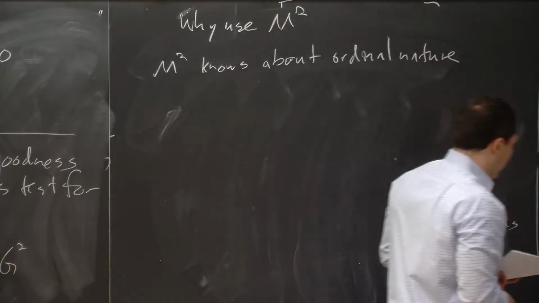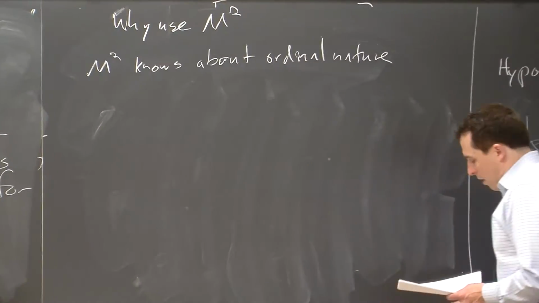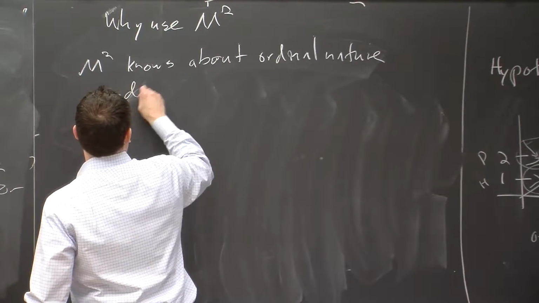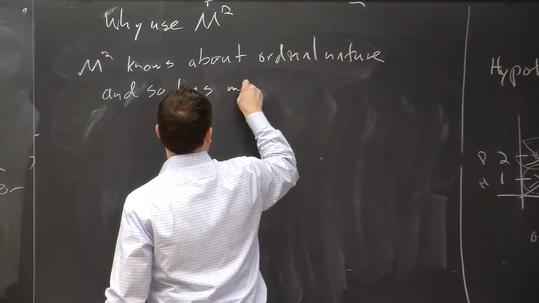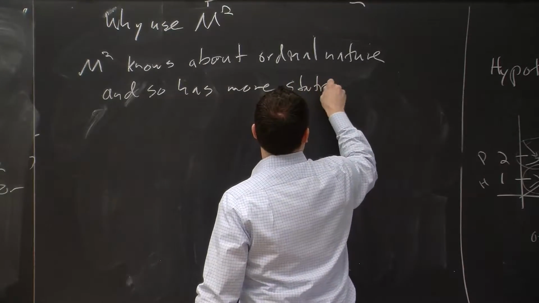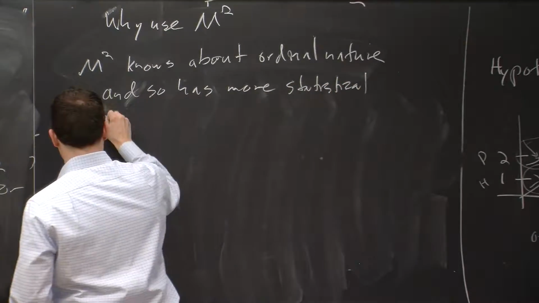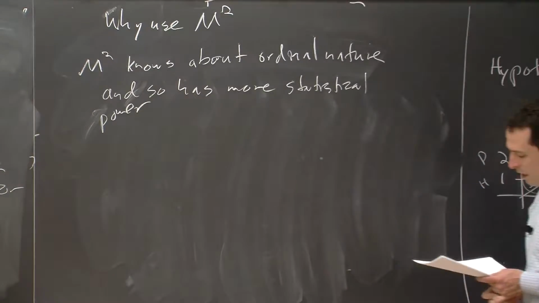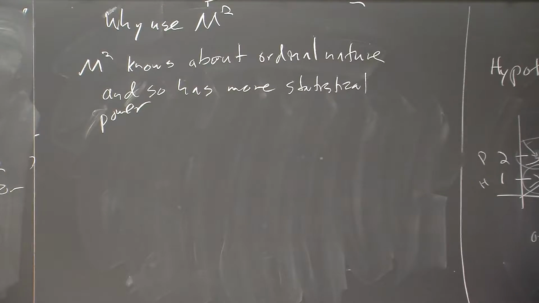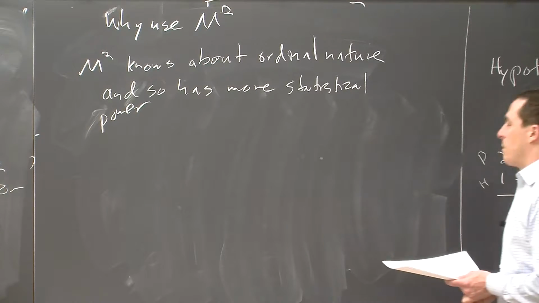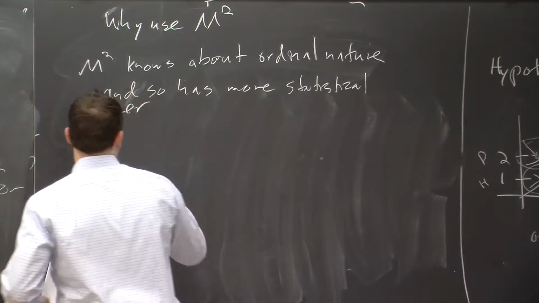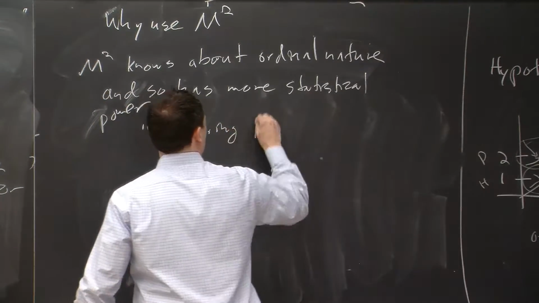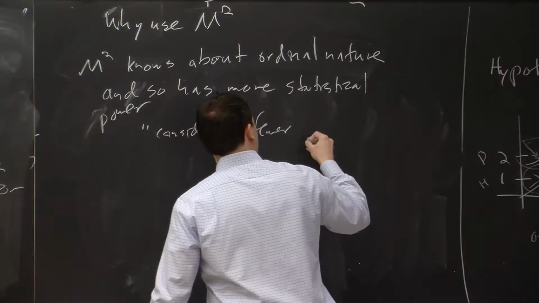And so since it's a more specific thing, it has more statistical power. So it can reject the null more easily because it's considering fewer alternative hypotheses. Or fewer ways to fail.